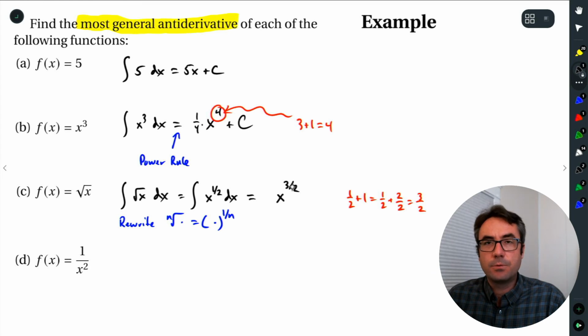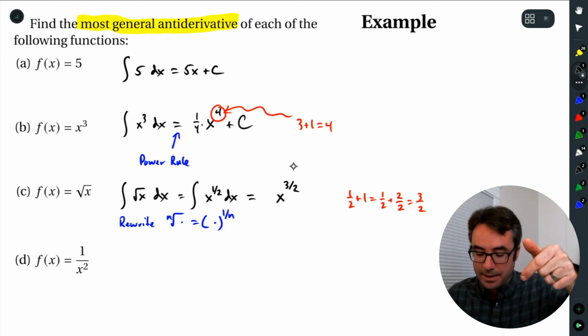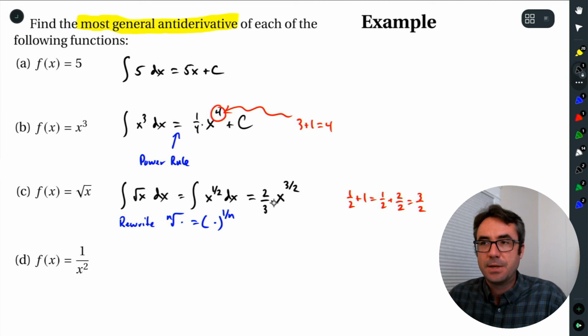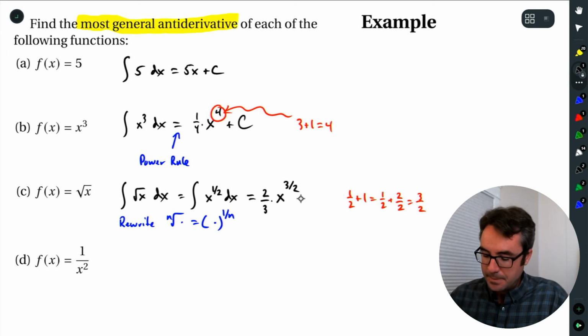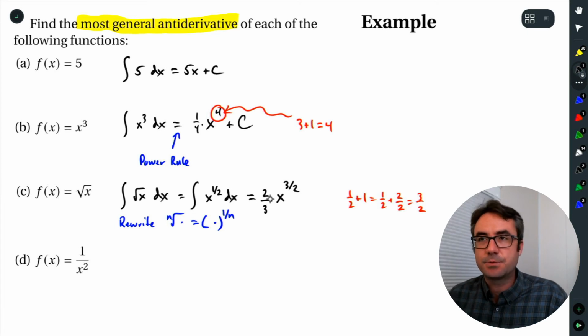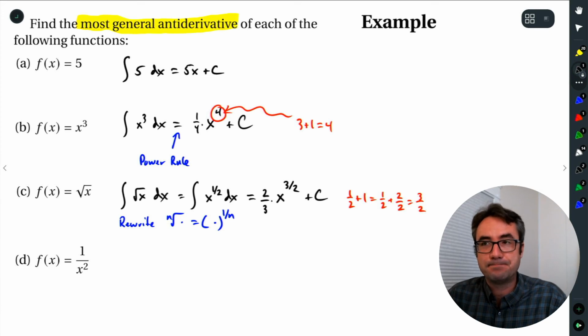The way the power rule works is we keep our variable the same, add 1 to get our new exponent, so we go from 1/2 up to 3/2, and then we take that new exponent and flip it, and that goes in front. So we're going to put a 2/3 in front. It's helpful to get the exponent first so that you can just put the reciprocal in front. And that's the power rule. And because we're trying to find the most general antiderivative, plus c at the end.